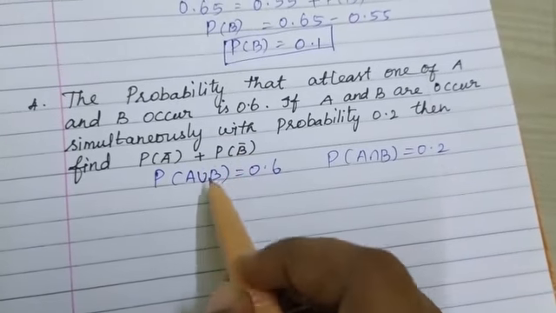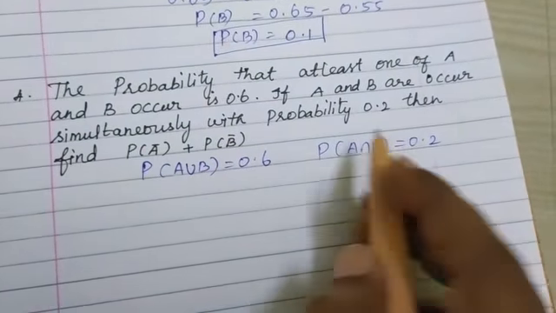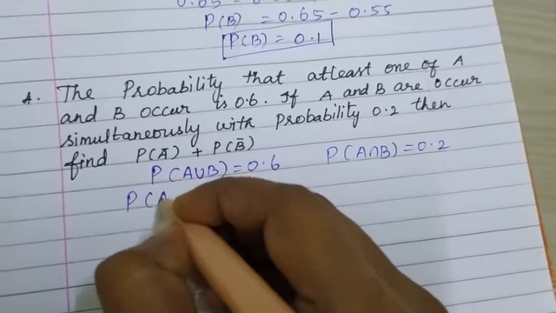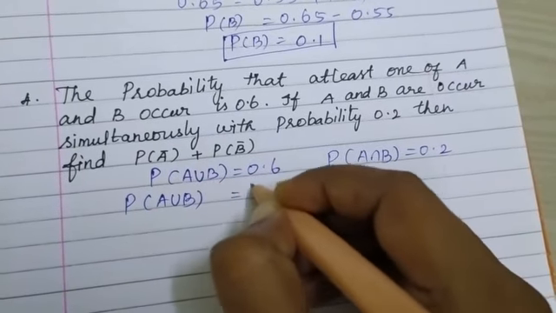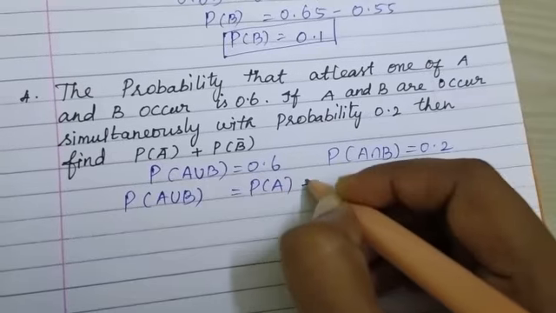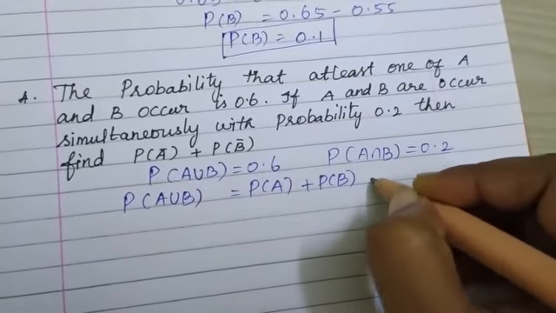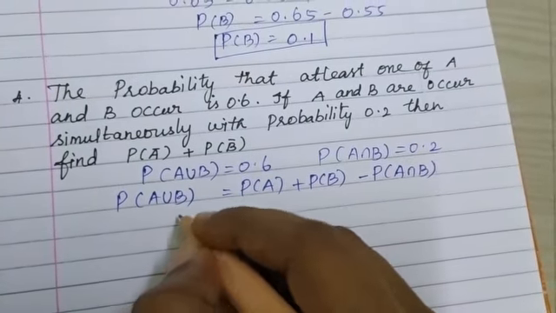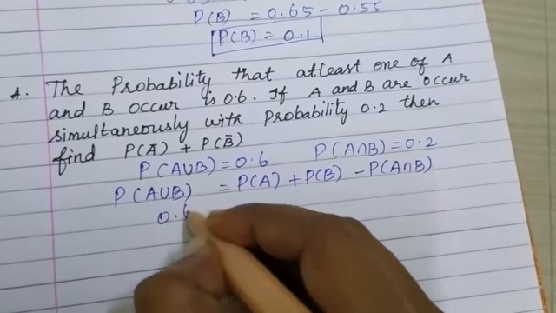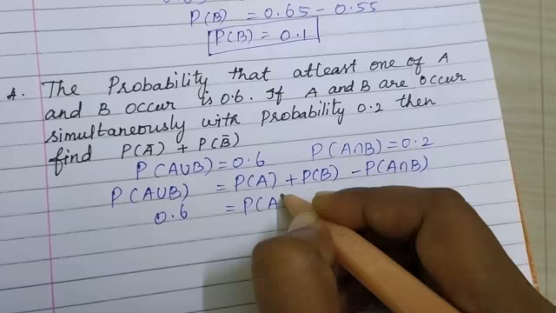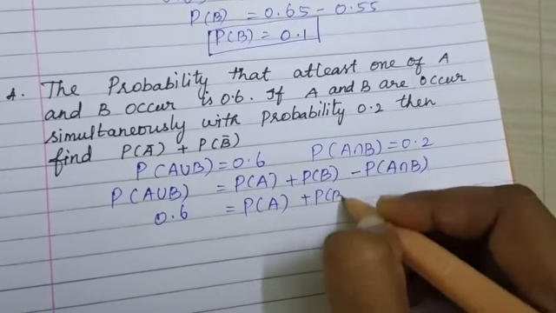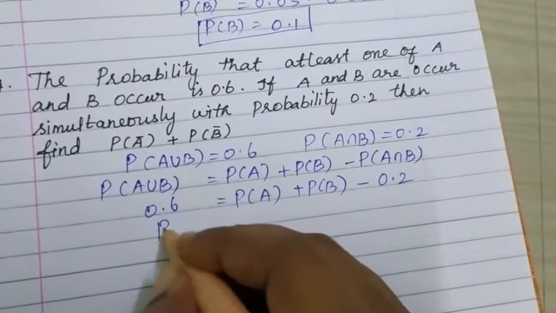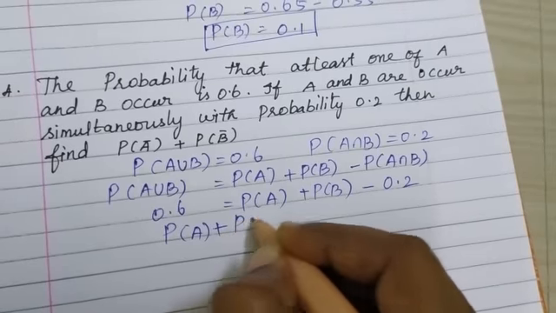So given P of A union B and P of A intersection B, we know the formula, P of A union B is equal to P of A plus P of B minus P of A intersection B. So P of A union B is 0.6, P of A we don't know, P of B also we don't know, minus P of A intersection B, 0.2.